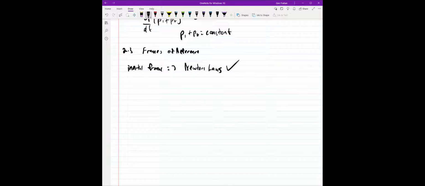And Newton's laws, if they're valid in one inertial frame, are also valid in any frame in uniform motion, so not accelerated. So I can have a frame here. Let me draw it. A person standing still is in this frame, right?